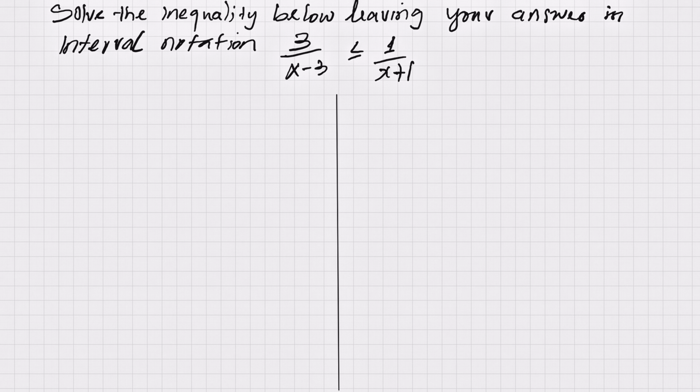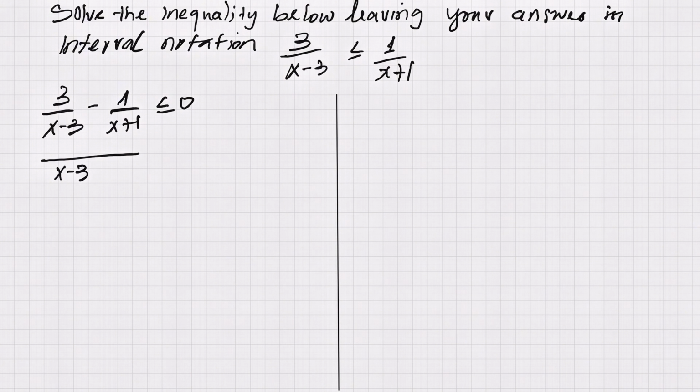So we are going to subtract 1 over x plus 1 on both sides of the equation, and we shall have 3 all over x minus 3 minus 1 over x plus 1 is less than or equal to 0. All right. So the LCM here is going to be x minus 3, x plus 1.